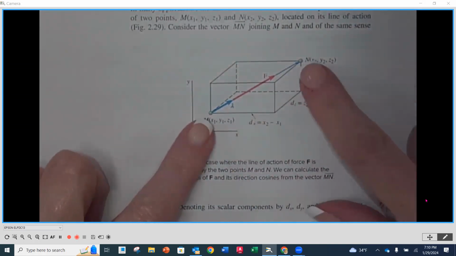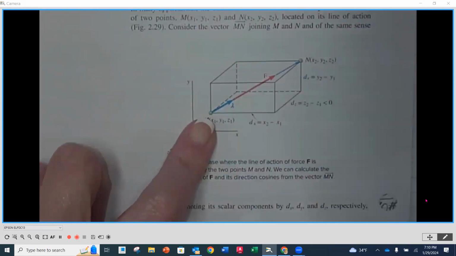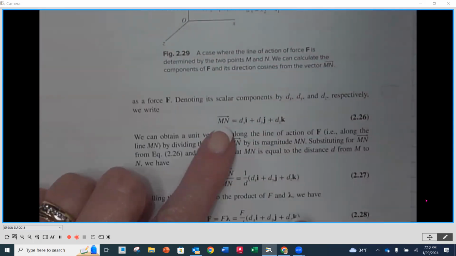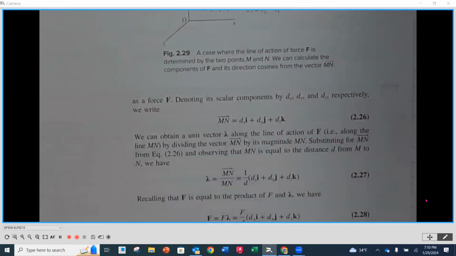This is the length of MN. That is a vector. Distance is a vector because we know how long it is and we know what direction we're going in. So MN is going to be equal to dx, that's distance x vector quantity, plus the distance y vector quantity, plus the distance z vector quantity.